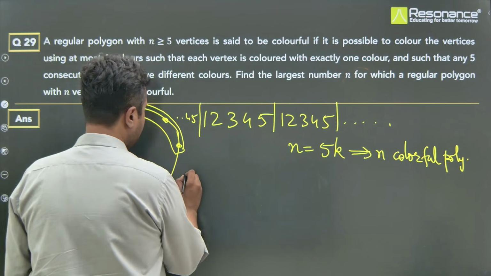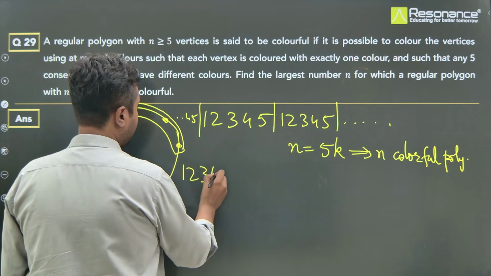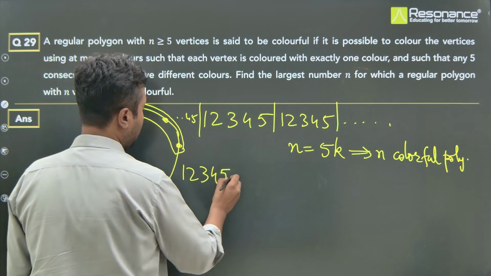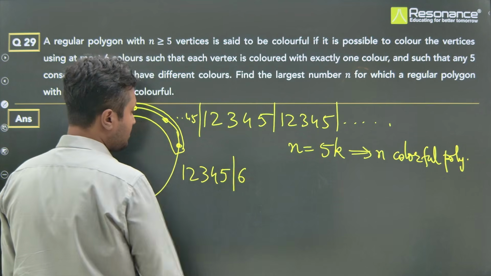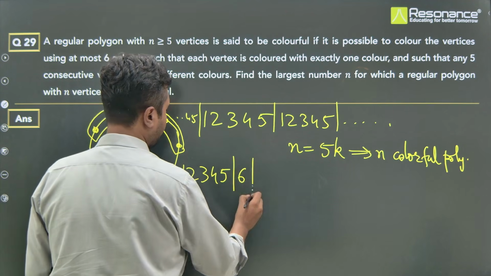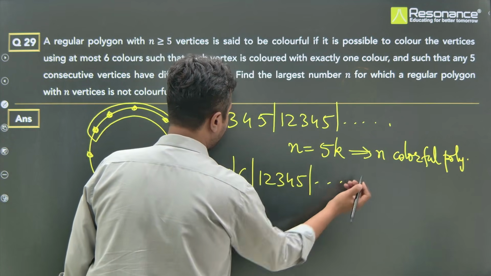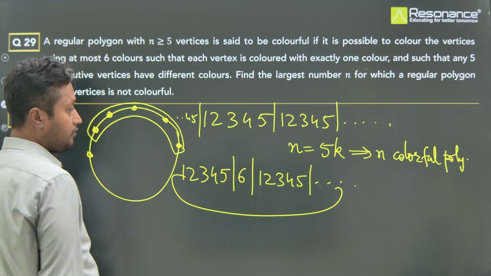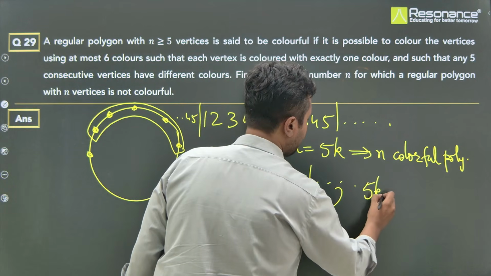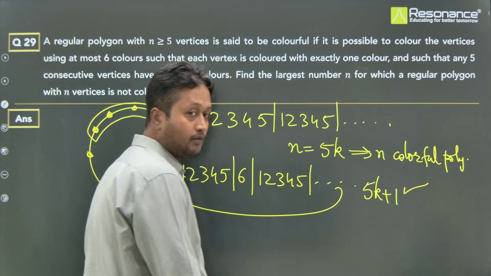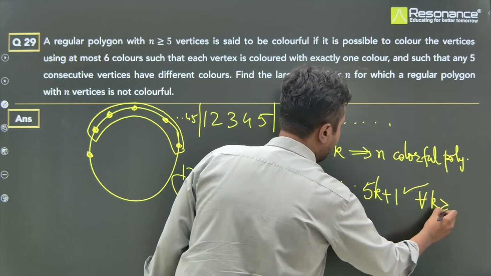Okay. Now next one, let's try something interesting now. If I have 6 over here, and then I do 1, 2, 3, 4, 5, chain it up, it chains back, right? So if I have 5k plus 1, this is also colorable, provided k is greater than or equal to 1.